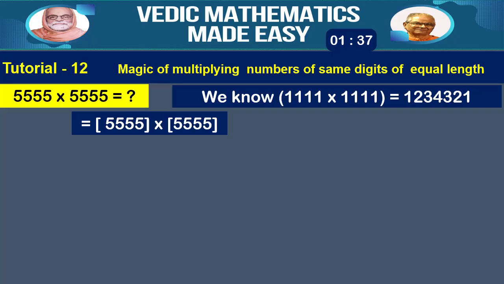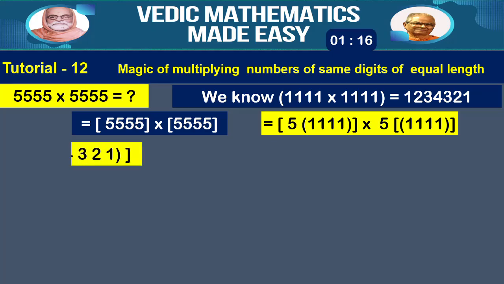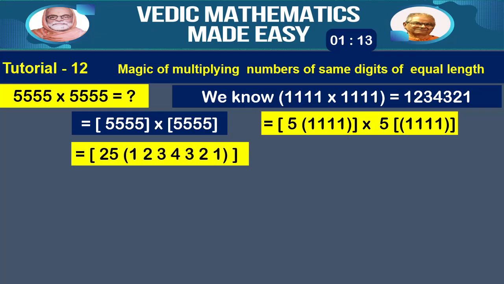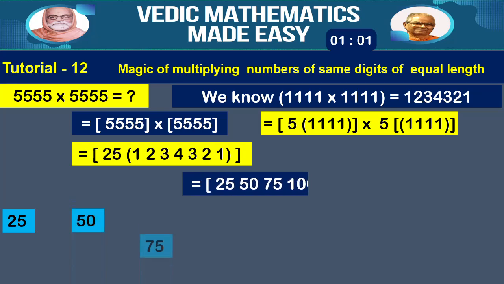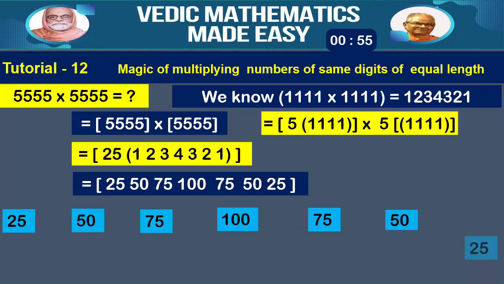By taking 5 outside the bracket, we get 5 into bracket 1111 into 5 into bracket 1111, that is equal to 25 into bracket 1234321. By multiplying each digit by 25, we get 25, 50, 75, 100, 75, 50, 25.